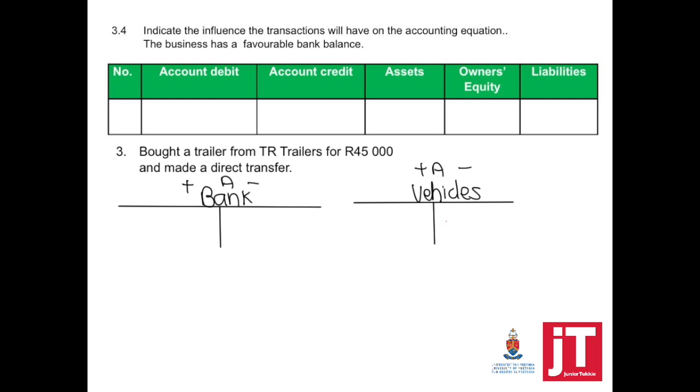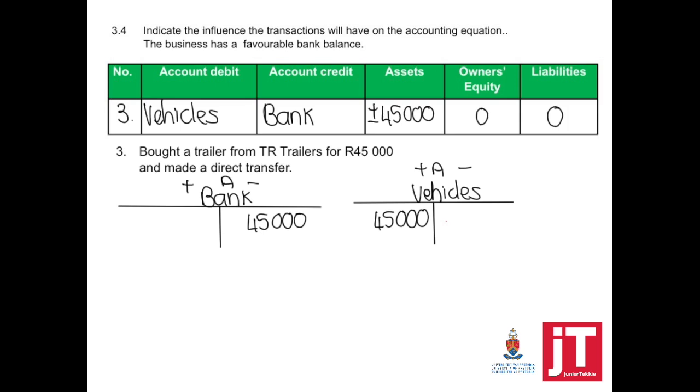This means if I made a payment, my bank account is going to decrease, credit, assets minus. For every credit, there's a debit. On my accounting equation, we're going to say vehicles was debited, account credited, bank, assets plus minus 45,000.